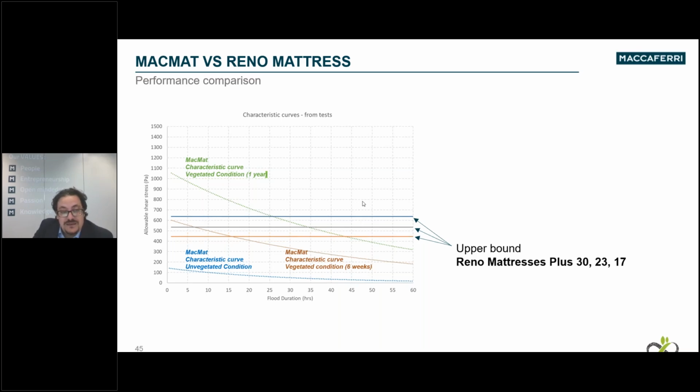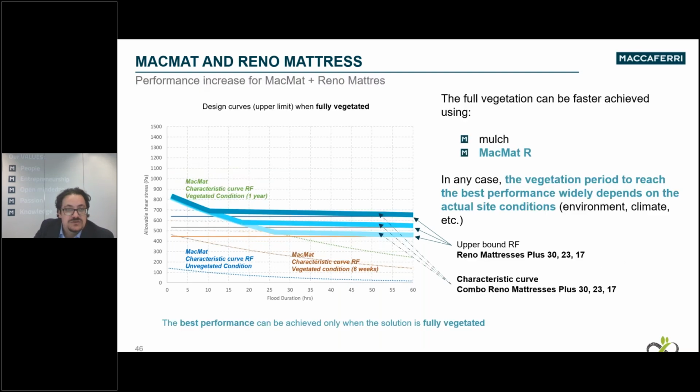So if you make a comparison and you mix the performance of our MACCAFERI with the performance of the Renomatrix and you install it in combination, you achieve the best solution. The best solution comes from the very high performance for low flow duration of our MACCAFERI after 1 year, combined with the stiff performance of Renomatrix.